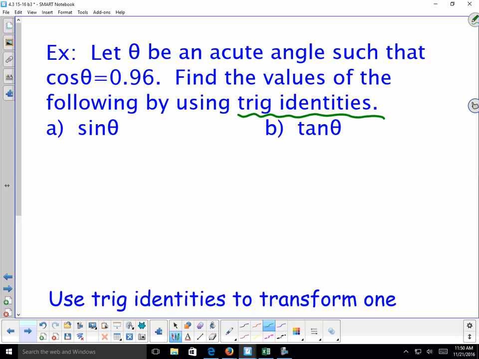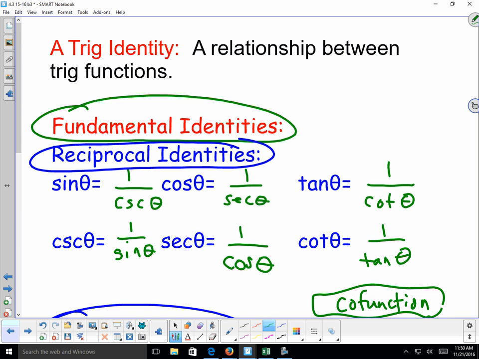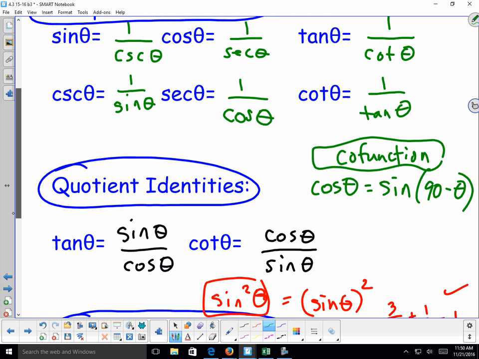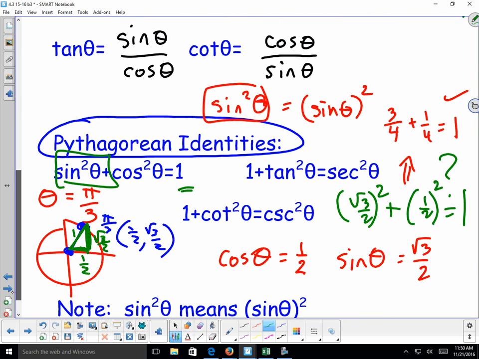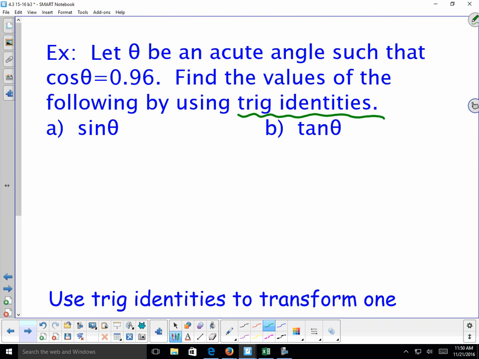Okay, so if I want to find sine of theta, and all I know is cosine of theta, which one of these basic trig identities, reciprocal, quotient, or Pythagorean, only involve sine and cosine and no other trig function?